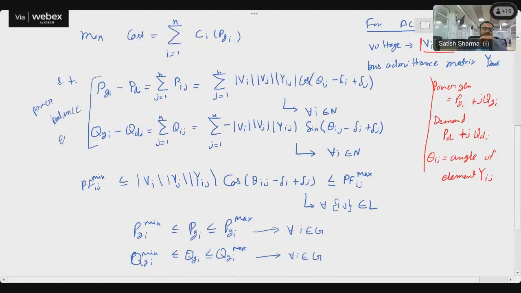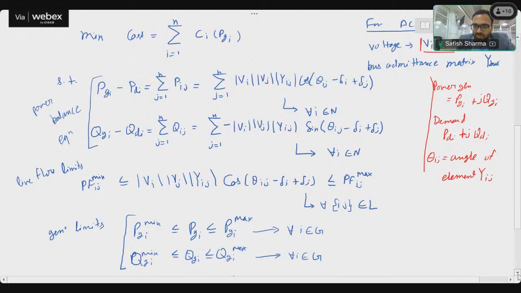So these are my power balance equations. This is the line flow limits. Then we have the generation limits. So these two are generation limits.